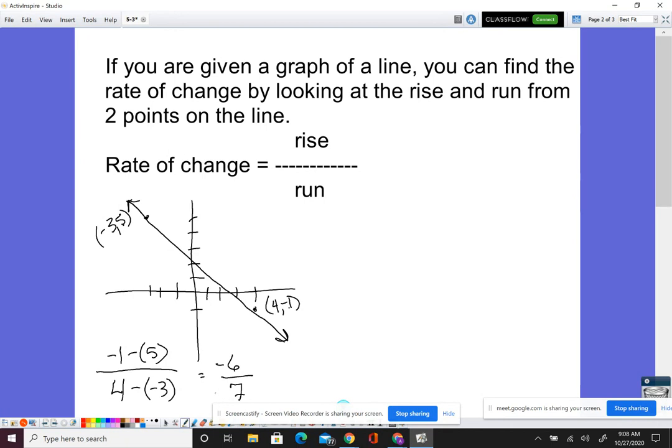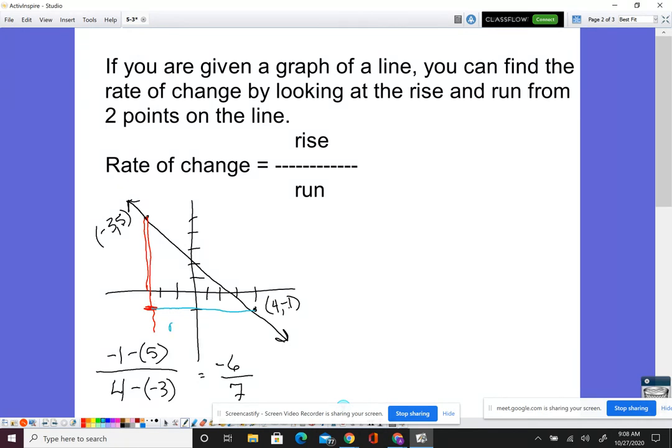Now, I said we could look at rise and run. So when we look at the rise here, we're not really looking at a rise, we're looking at a fall. And what we're going to do is just drop down vertically until we get to that same level that the other point is on. And then once we do that, we're going to draw a line over horizontally to that point.